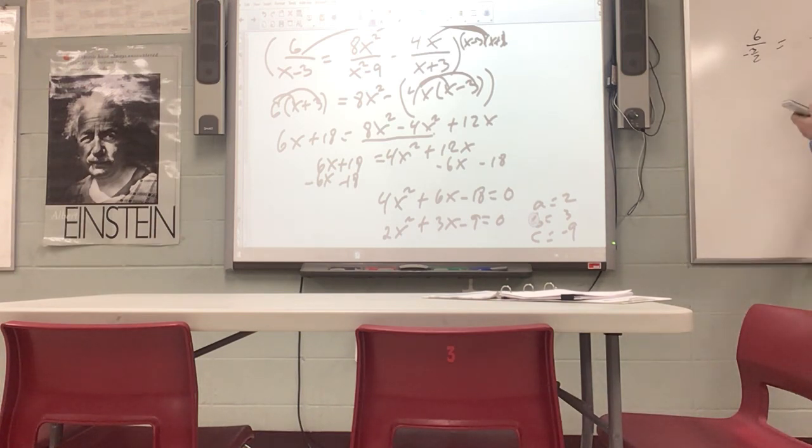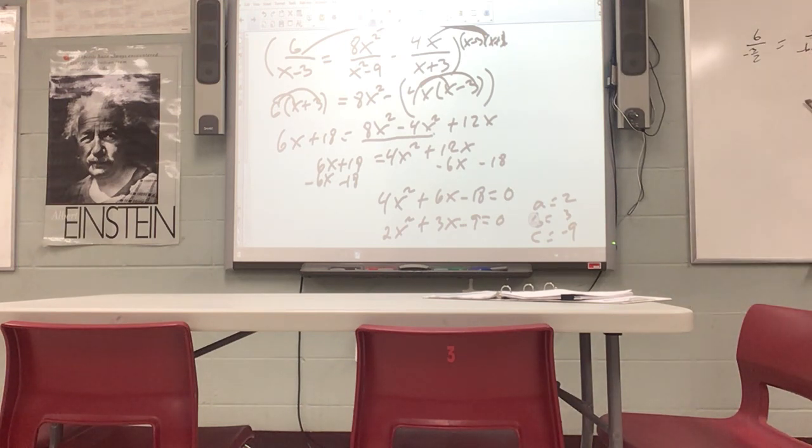Now the over part: 1.5 squared minus 9 is negative 6.75, minus 4 times 1.5, and 6 over 1.5 plus 3 is 4.5.